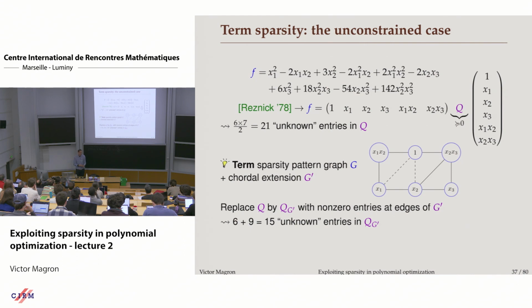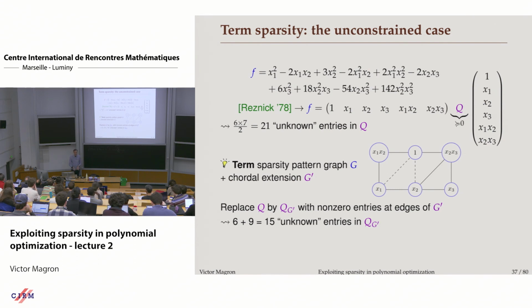So here, if we index this matrix by this graph, then the number of non-zero entries is 6 from the nodes, which are the diagonal elements, so you have the squares of these elements. And then you have the entries corresponding to the edges, so there are 9 edges in total.